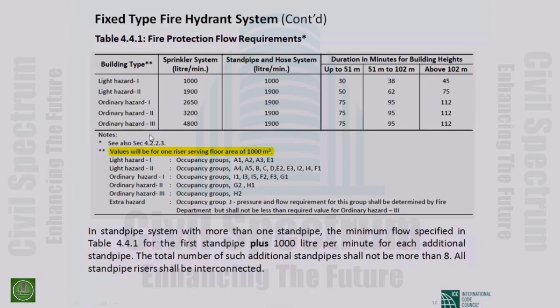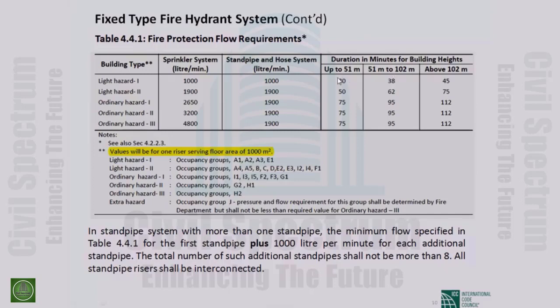In that case, for the sprinkler system, you need about 3200 liters per minute of water, and for a standpipe you need 1900 liters of water per minute. Again, this flow is per minute. How much time you need to reserve again depends on your building height.